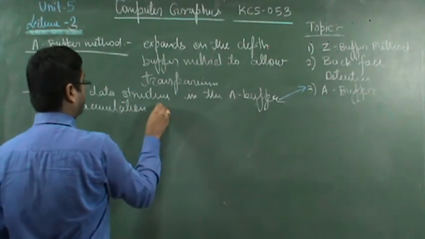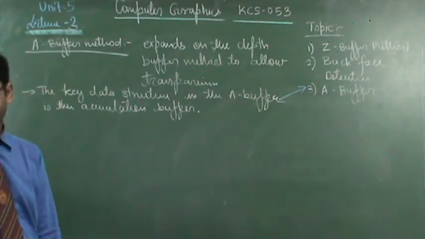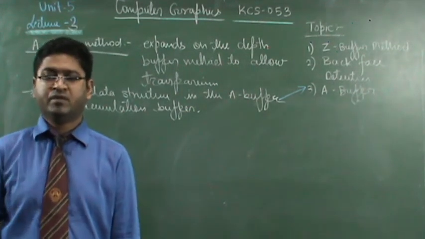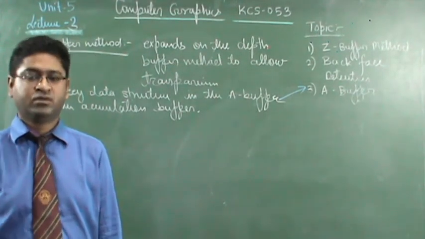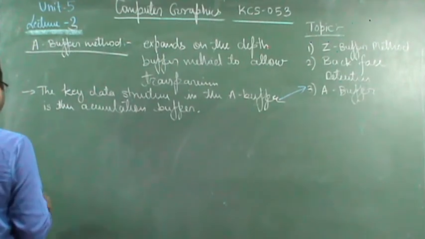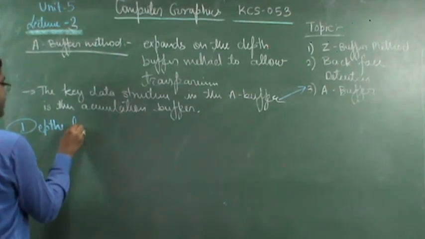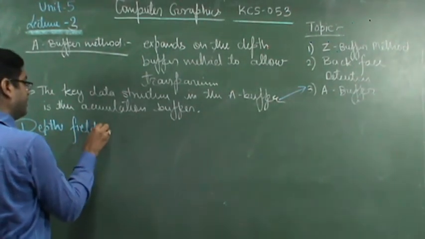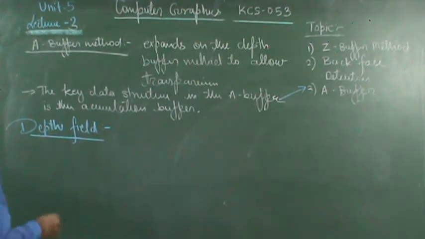Then we can have the respective linked list values that are defined. So here we have two more important things, one is the depth field, second is the intensity field.